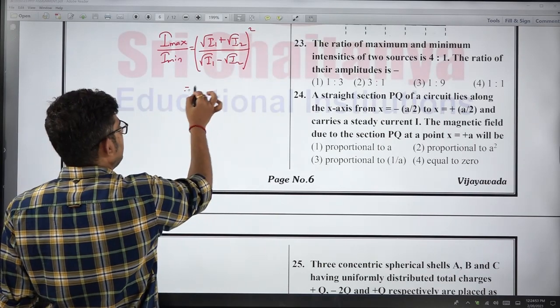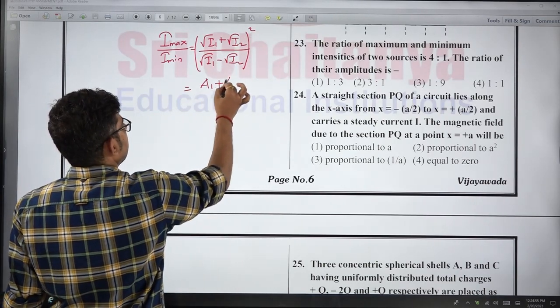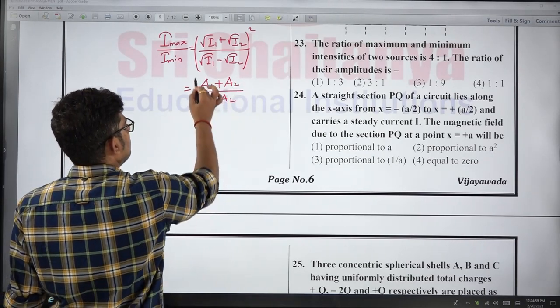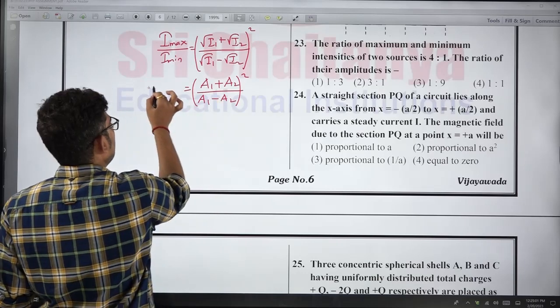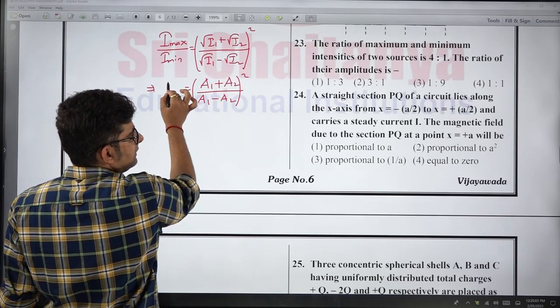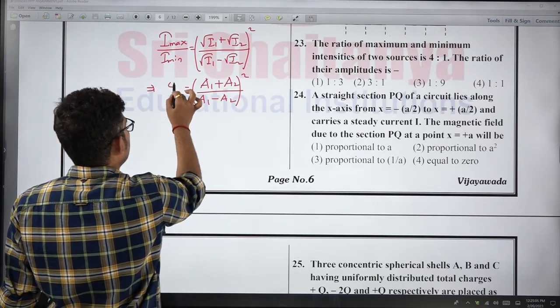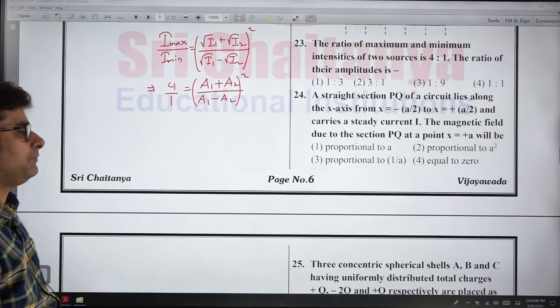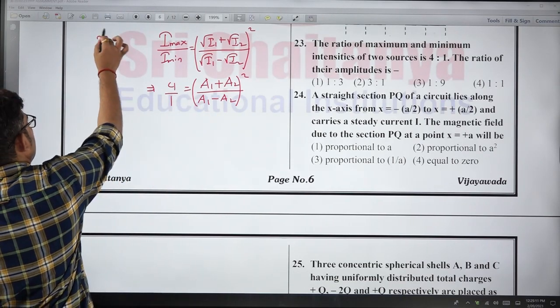Now root I1 can be written as A1, root I2 as A2. So I max by I min is given as how much? 4 by 1. So from here you can solve and find the value. Okay. 23 is done.